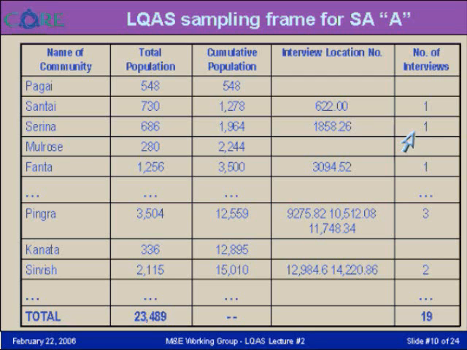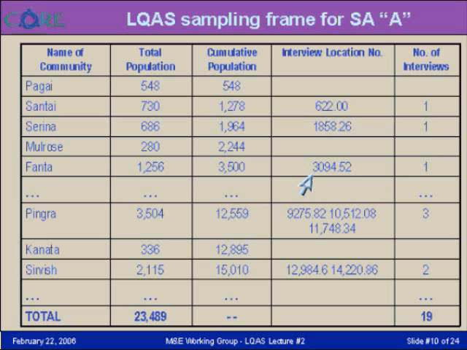The location of the third interview will be the first community on the list with a cumulative population equal to or greater than 3,094.52. And that will be the community that we called Fanta, as Fanta has a cumulative population of 3,500. So this will become our next community randomly selected to conduct the interview.